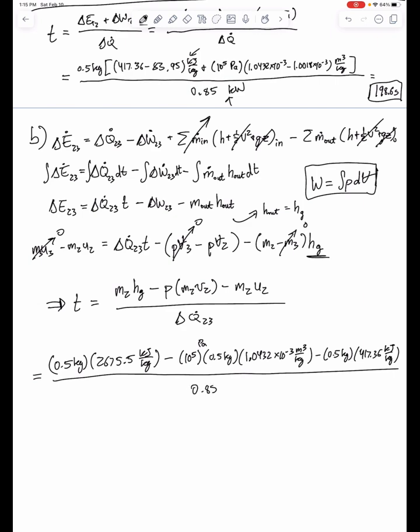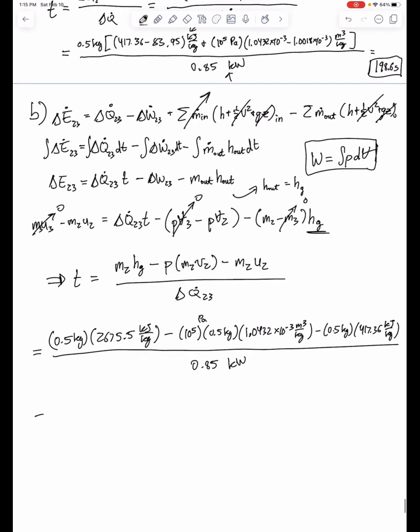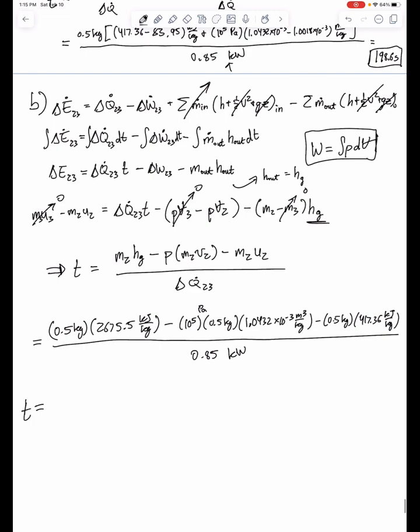Divide by 0.85 kilowatt. Once again, I think the kilo units will cancel each other out, or they should simplify down so that the time would make sense. I think I'll get that in terms of seconds if my SI units are correct. Okay, let's do the math.